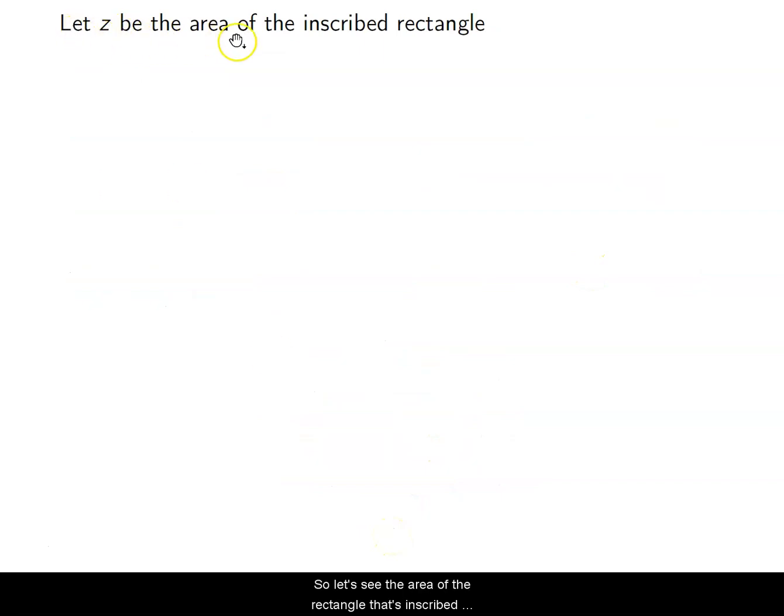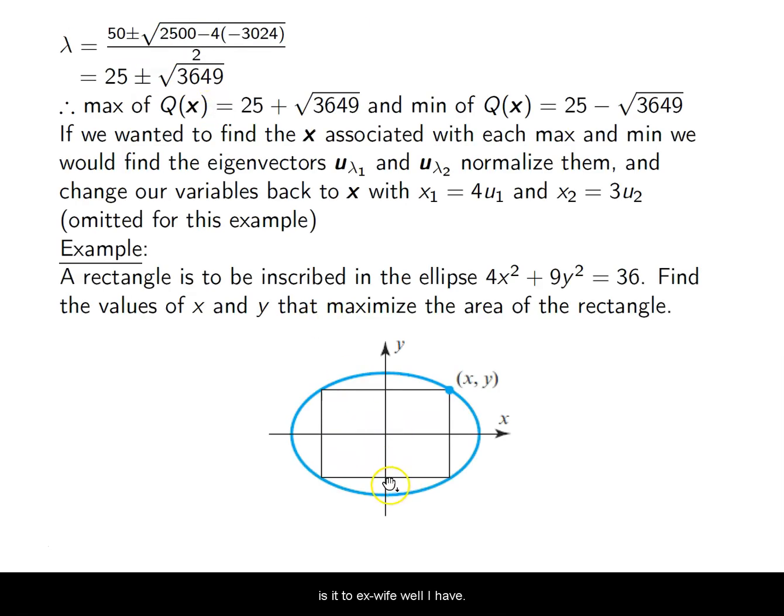So let z be the area of the rectangle that's inscribed inside of the ellipse. Then z is 2x times 2y. So you might be saying, why is it 2x, 2y? Well, I have a distance of x and another distance of x. So my length here is 2x, and same for the y, 1y, 2y.